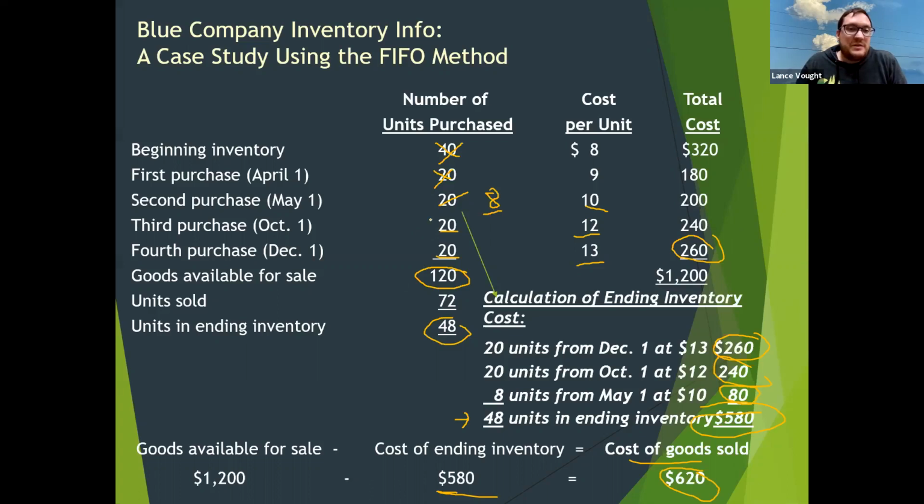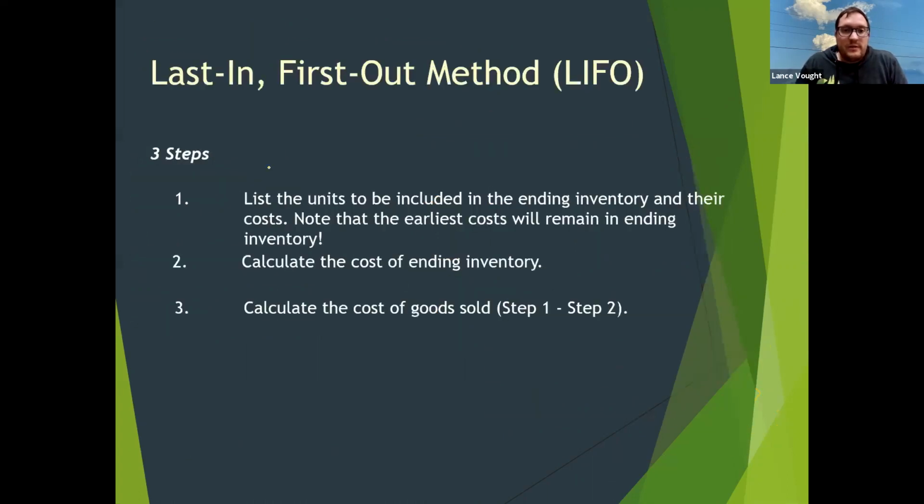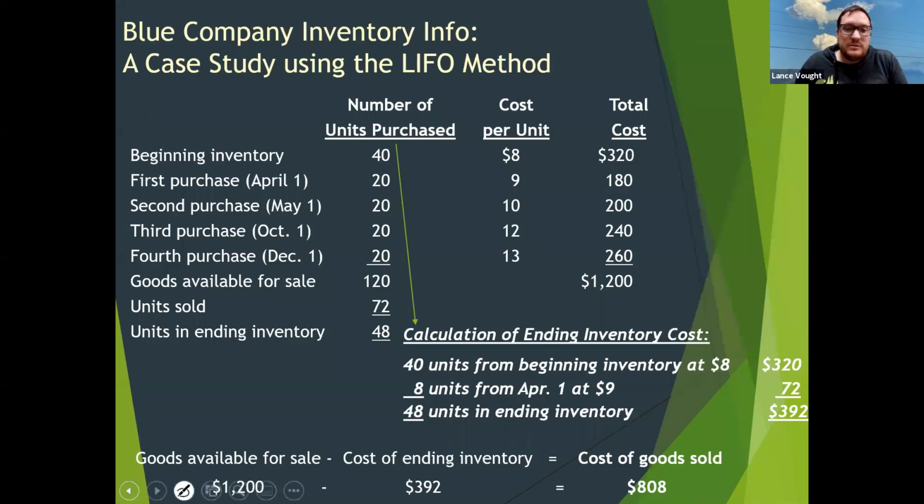Last in, first out is going to be the opposite, where the ending inventory is going to be attributed to what was sold first, and then the oldest inventory is the one to which we attribute the cost. So if we use the 72 units, we're going to go backwards this time.